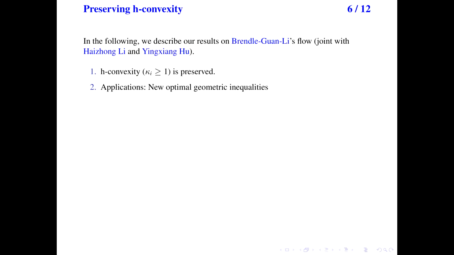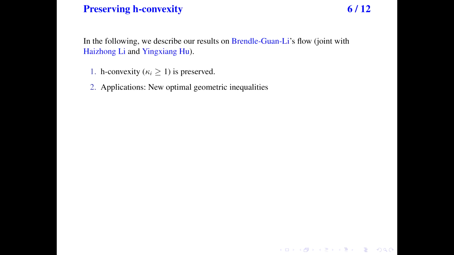Now I describe our result on Brendle-Guan-Li's flow. This is a joint work with Haizhong Li and Yong Wei and Xinqun Mei. We didn't solve the question asked by Brendle-Guan-Li. Instead, we observed that the h-convexity is preserved along the flow.